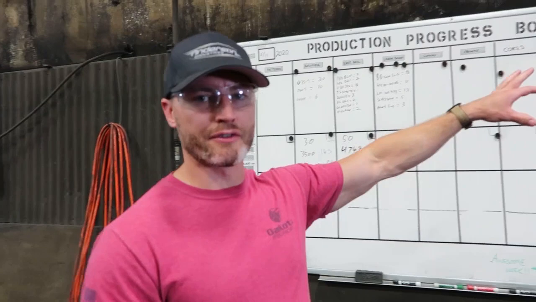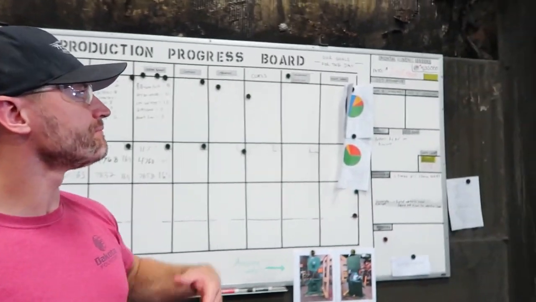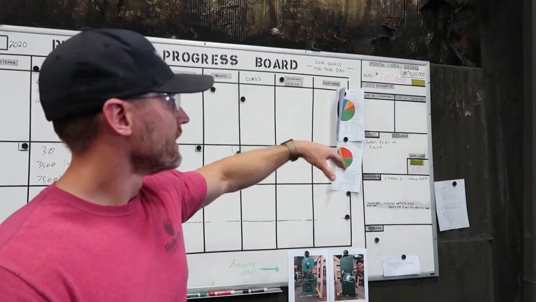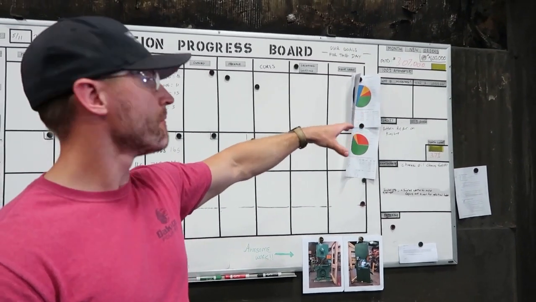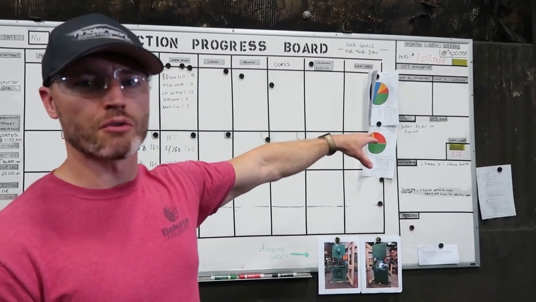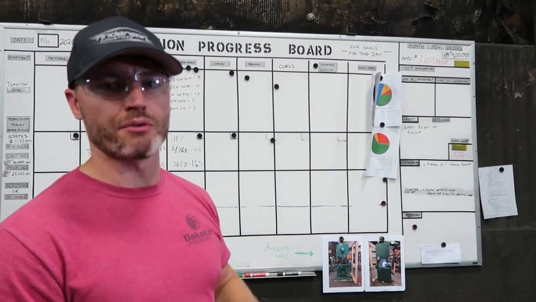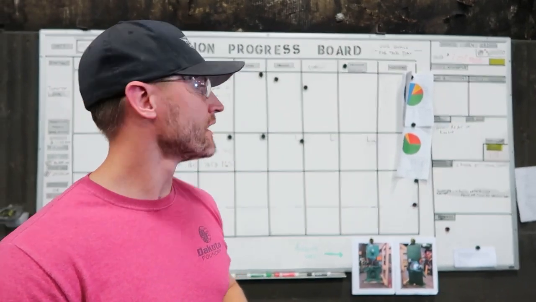And then on the side we've got business information that we want to communicate. We have our sales order target, and then we have attendance, if there's anybody missing and who's covering for them. Then we have a quality section, so if there's a part that we have a quality issue with, that gets noted on here and then communicated to employees.